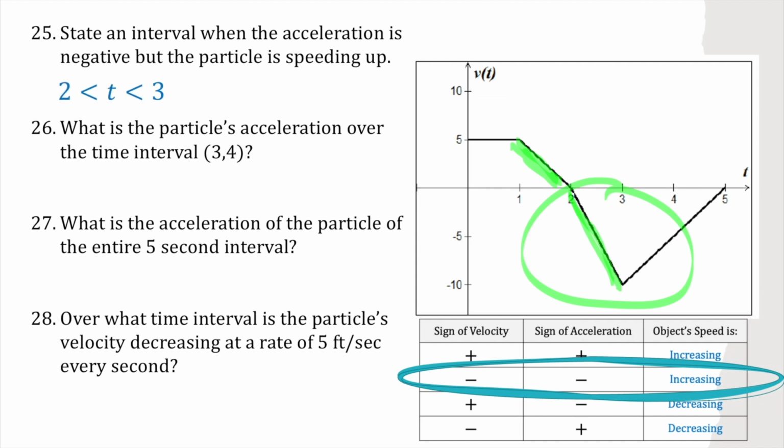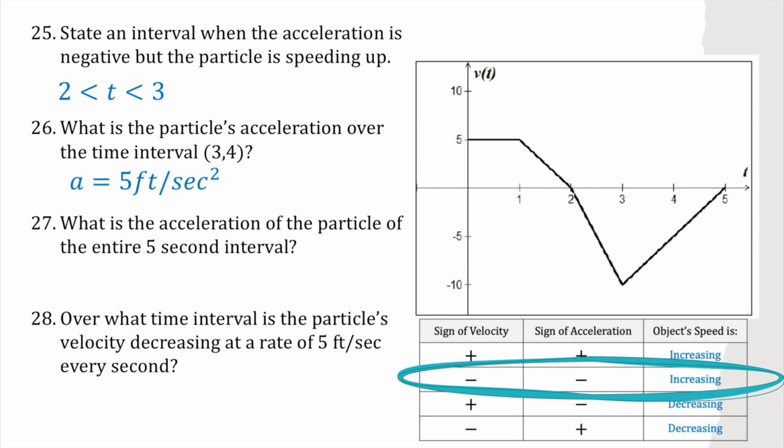Number 26, what is the particle's acceleration over the time interval from 3 to 4? In other words, what's the slope right there between 3 and 4? It's 5, so 5 feet per second squared.